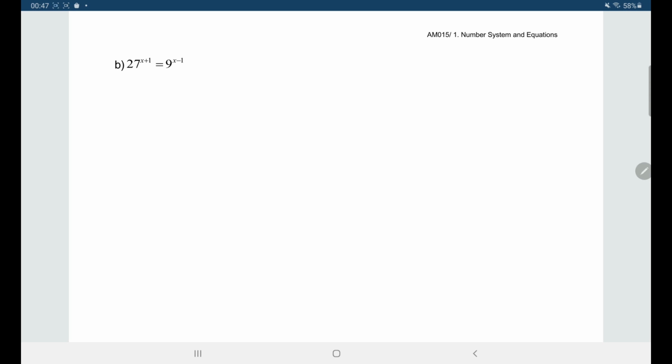For 27, the smallest base is 3 cubed, to the power of x plus 1, equals to, for 9, the smallest base is 3 squared to the power of x minus 1. Since the bases are the same, we equate the index. So you can write 3 times x plus 1 equals to 2 times x minus 1.